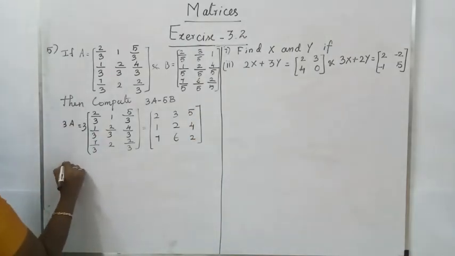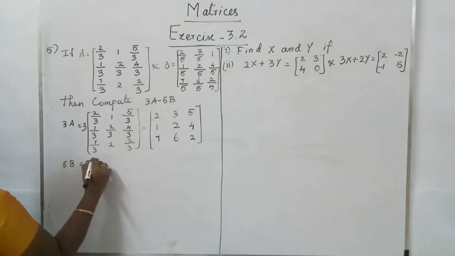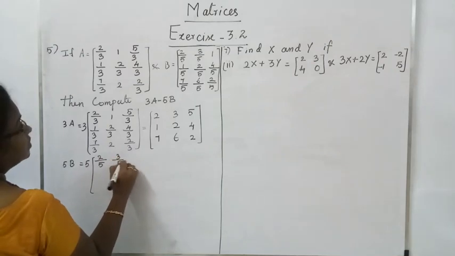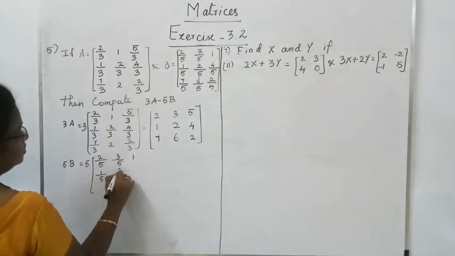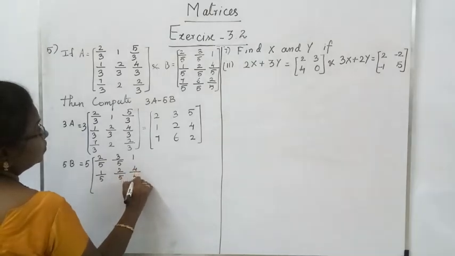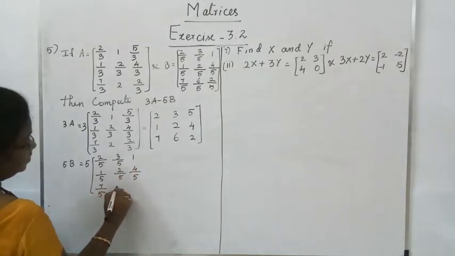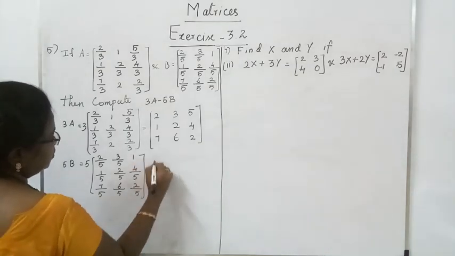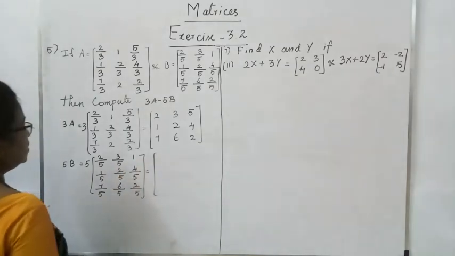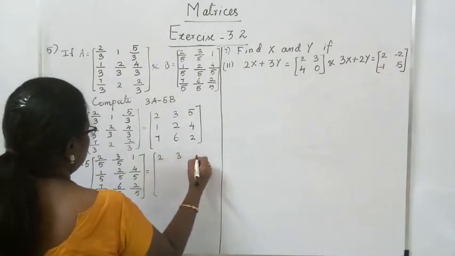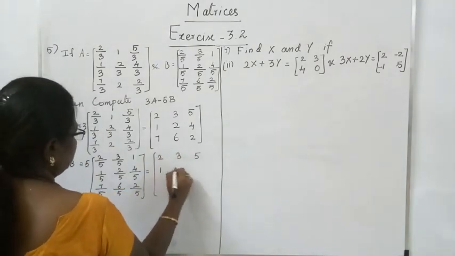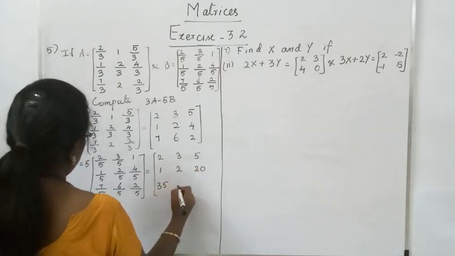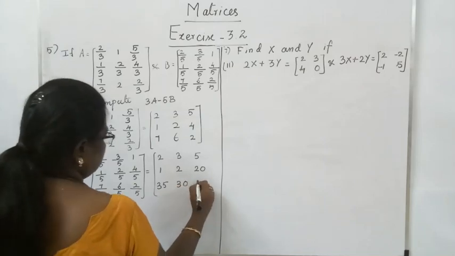Now 5B: 5 into 2 by 5, 3 by 5, 1, 1 by 5, 2 by 5, 4 by 5, 7 by 5, 6 by 5 and 2 by 5. Now this 5 has to be multiplied with each and every element over here. So 2, 3, 5, 1, 2, 20, 35, 30, 10.